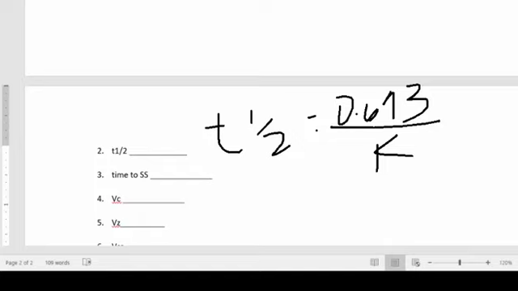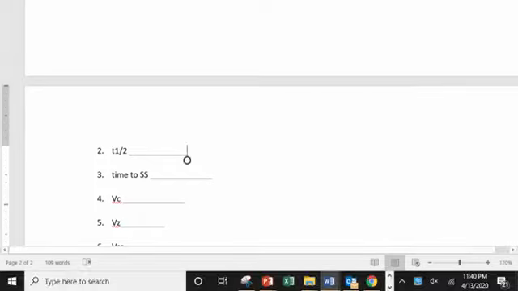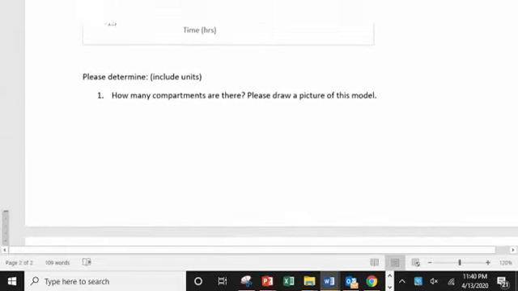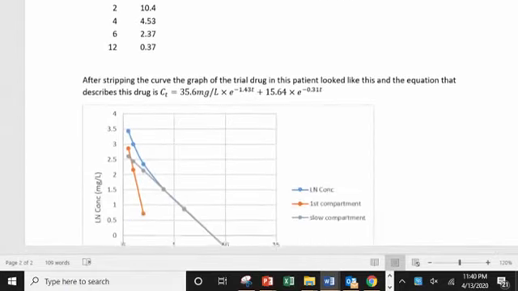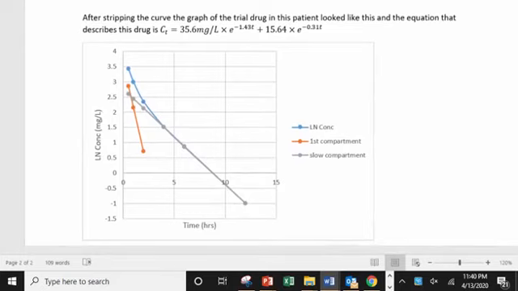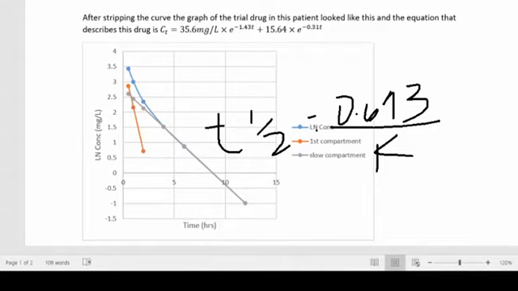So in this case, we want to use our K2. If we had 5 compartments, it would be the K5. If there's only one compartment, it's just our only K. So our slow K here is 0.31 per hour.